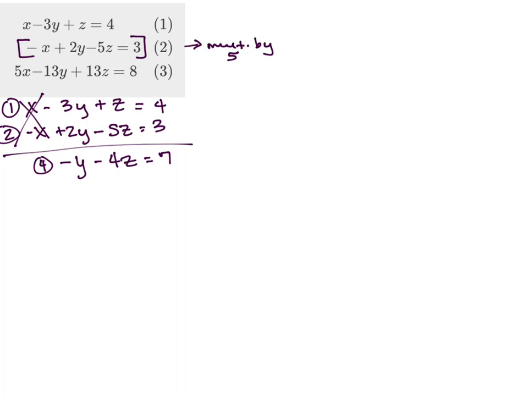Okay, so my new equation 2, once I do that, is going to be negative 5x plus 10y minus 25z is equal to 15. Remember, you've got to do both sides. Otherwise, you're not allowed. That's an illegal move. And we want to stack this one. This is a new 2, and we want to stack with 3 or pair it with 3.